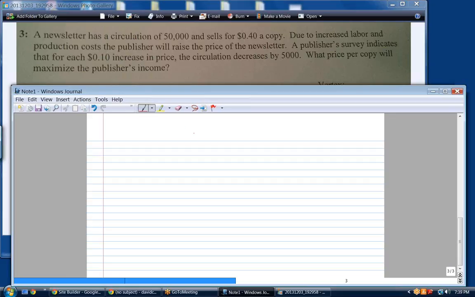You'll see it after we do one, I think. X, and in a situation like this, I would spell it out. If I was taking a test and doing this, I would want to know exactly what X was. So it's the number of 10-cent price increases, because we can either do 1, 2, 3, whatever.